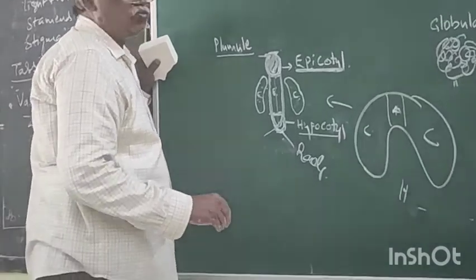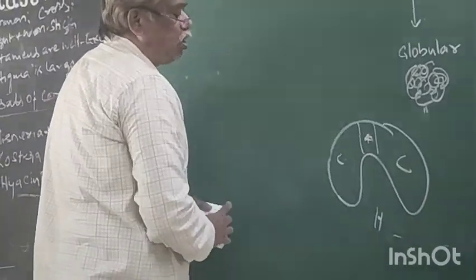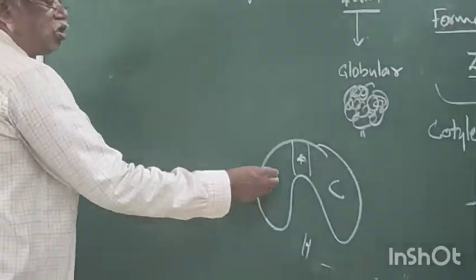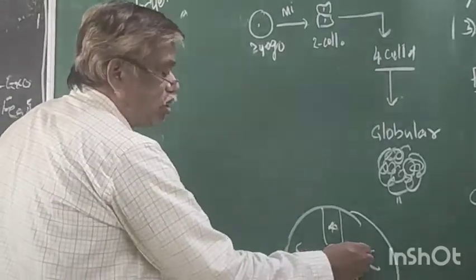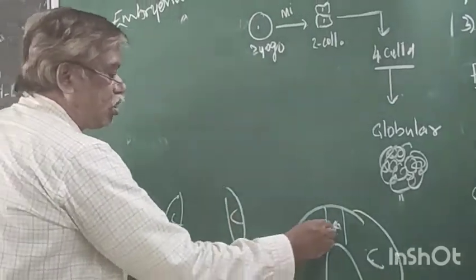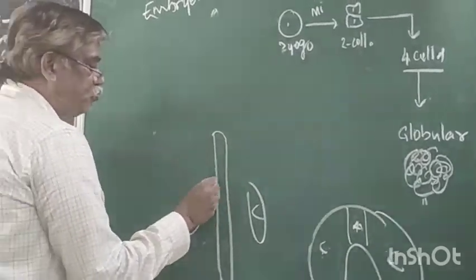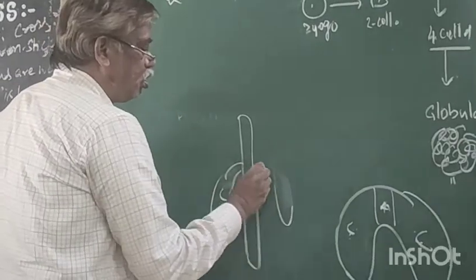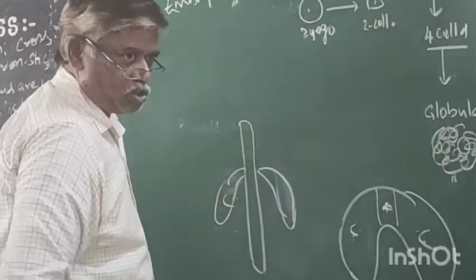Right, once again. Now, see, it is a heart shape. In this heart shape, there is the central part and the lateral parts. The lateral parts become cotyledons. The central part becomes the embryonic axis.